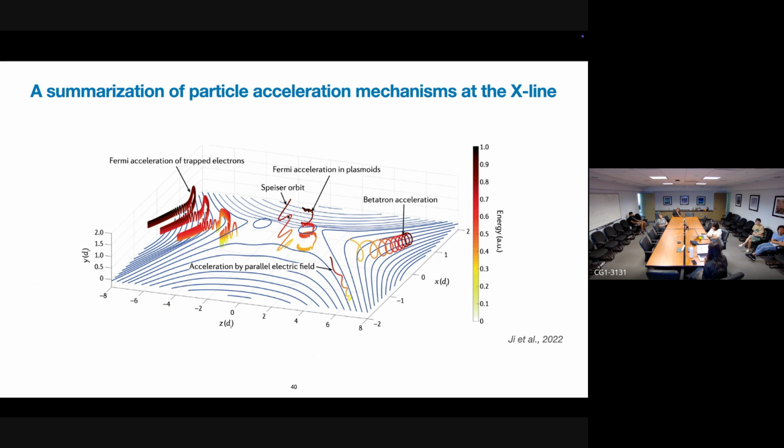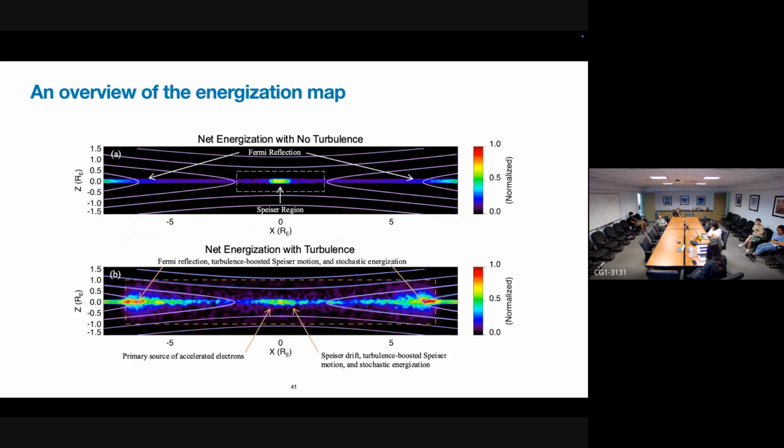And we'll be focusing on the Speiser orbit, which is at the center of the X-line, and also the Fermi acceleration, which is more towards the edge of the EDR or IDR. So this is a map showing the summary of the total energization at all times.